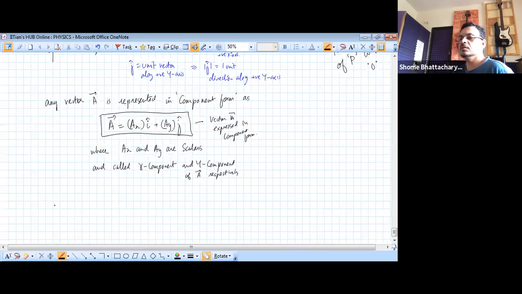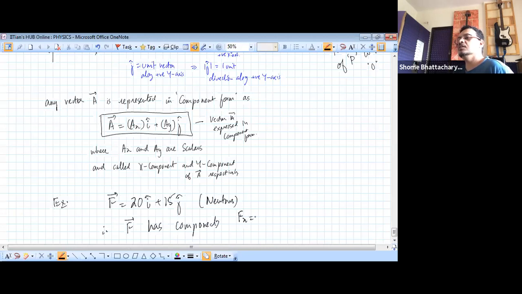So for example, if we say that the force F is 20 i cap plus 15 j cap in newtons, we'll say that the force F has components Fx equal to 20 newtons and Fy equal to 15 newtons along the x and y axis.